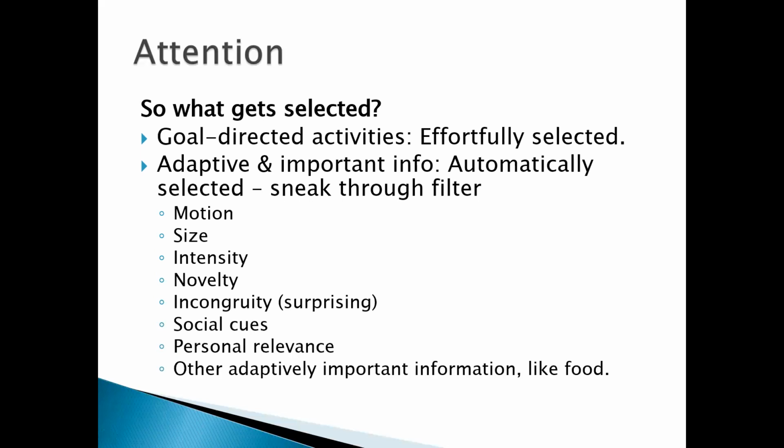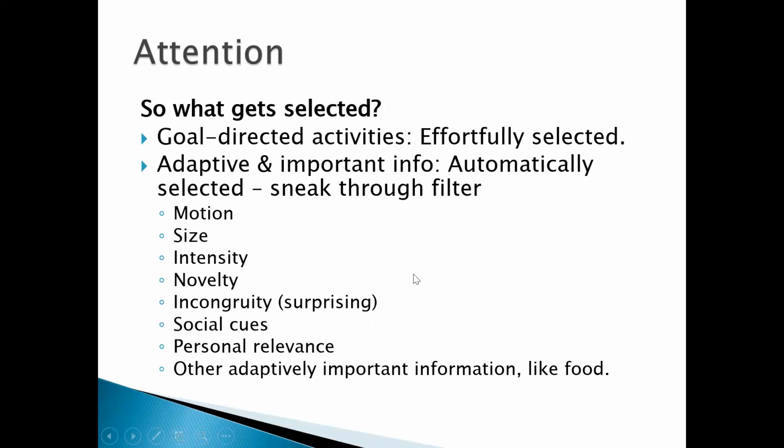There's also other adaptively important information, like anything to do with food, especially if you're hungry. You're not going to be able to ignore the person eating a pizza next to you in class if you're starving. It's just automatically going to sneak through that filter. Or sexual information also sneaks through the filter. So if someone's wearing very revealing clothes, you can't help but notice and perhaps look at that person at first, because that's just something that we're wired to notice and always sneaks through the filter.